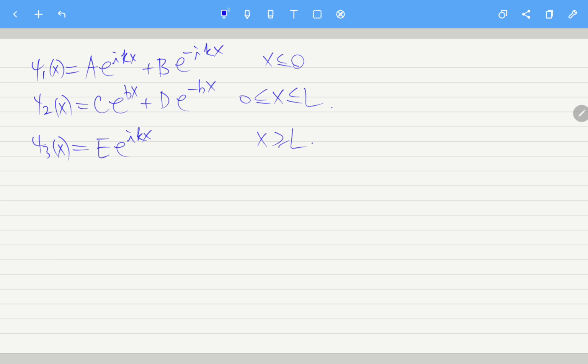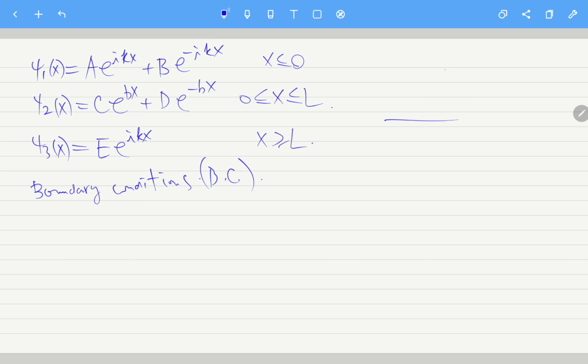So we still have some boundary conditions. In short form we may write it as BC.